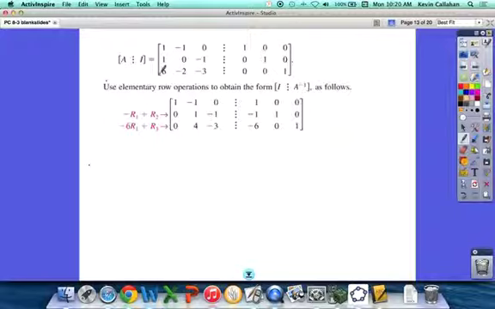Negative 6 times negative 1 is 6, plus negative 2 is 4. And you can follow it along. Negative 6 times 0 plus negative 3, negative 6 times 1 plus 0, negative 6 times that plus 0, negative 6 times 0 plus 1. Right? So we created these zeros.